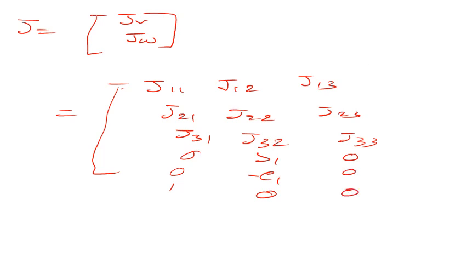So this is your final J matrix. Okay, I hope you have understood this problem. So this is the solution for the J matrix for the RRP manipulator.